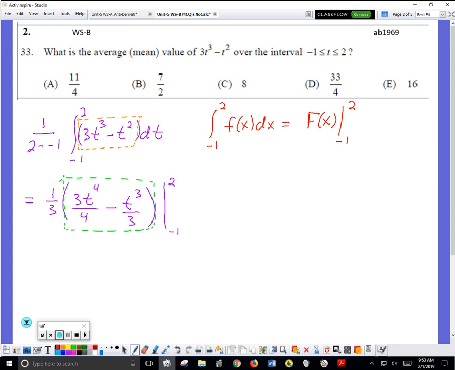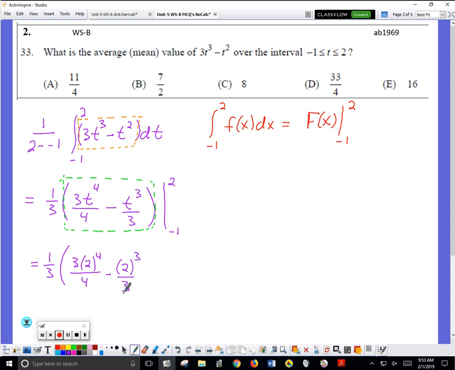Good question. I think it's best to leave the 1/3 factored out. I think it's less prone to mistake. So I just say, okay, this is going to be 1/3, and that's all multiplied by, and I start plugging in. So plug in the 2. One caution.